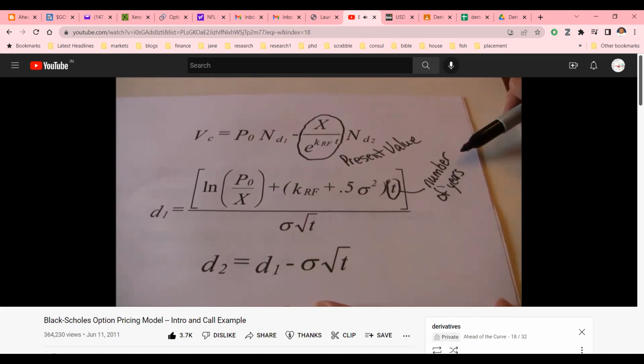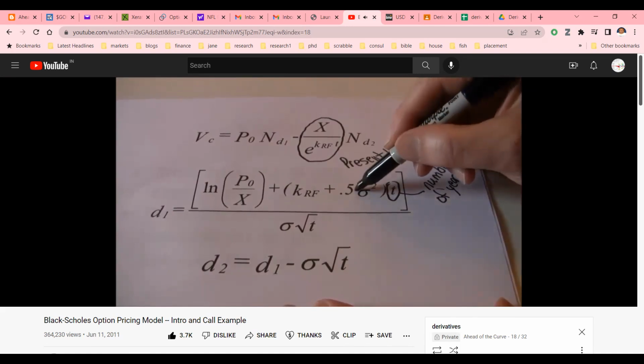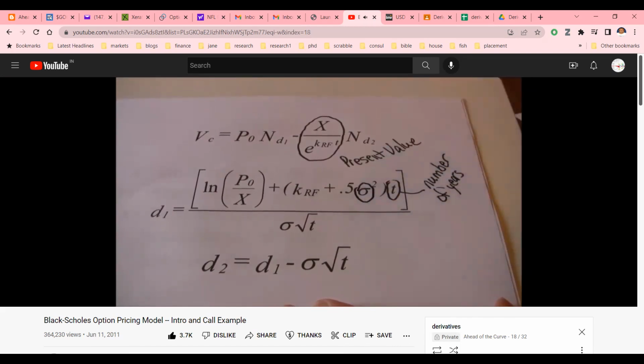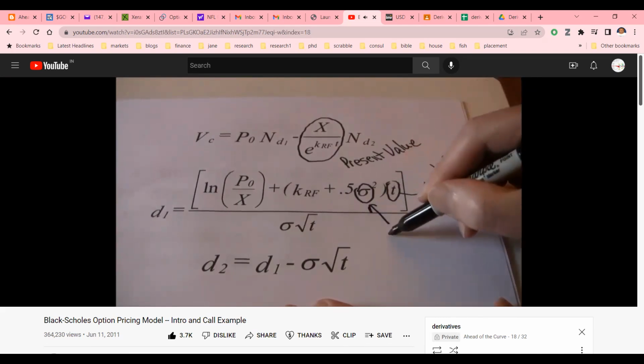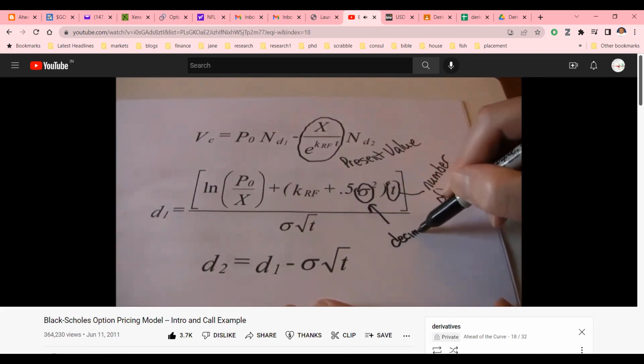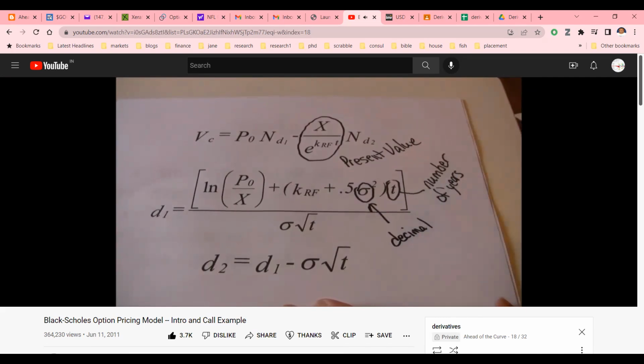Typically it will be less than 1, and it will be some fraction or a decimal. The other thing is the volatility. Now, we don't know what that volatility really is, so this is our best guess of how volatile the stock is going to be over the upcoming time period. But we want to make sure we plug that in as a decimal. So if we forecast a standard deviation of 25%, that would go in as 0.25.